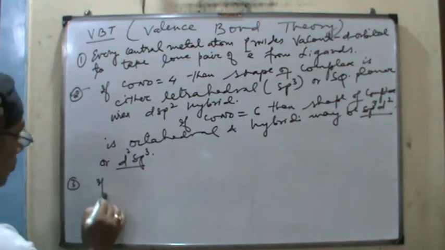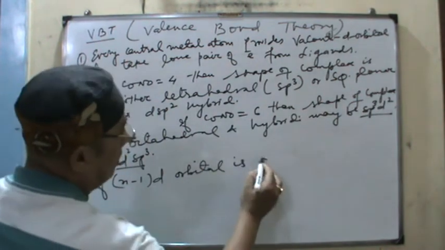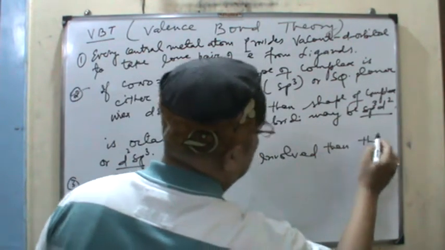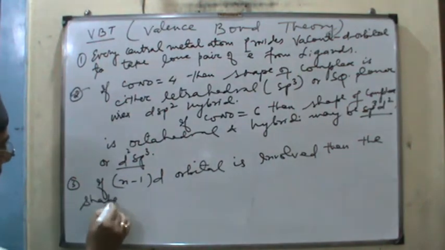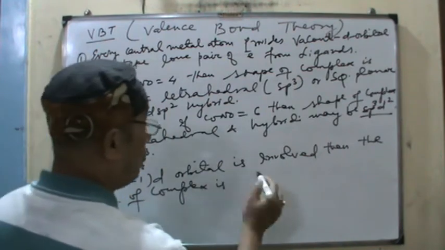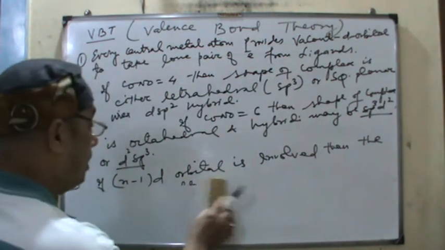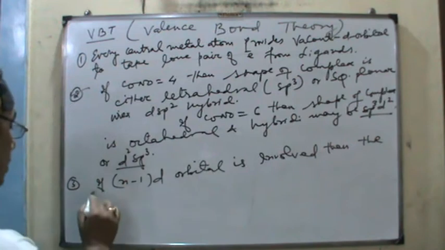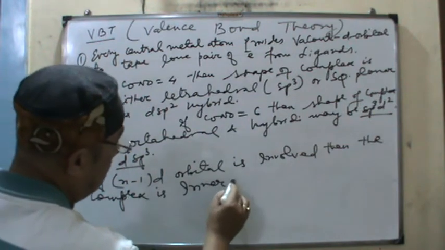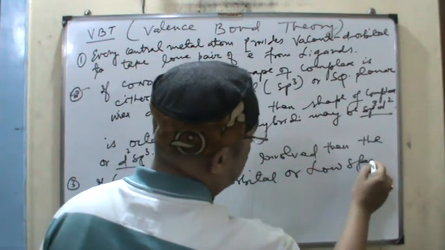Important point, third: if the (n-1)d orbital is involved, then the complex is inner orbital or low spin.